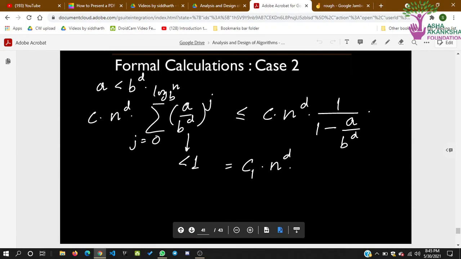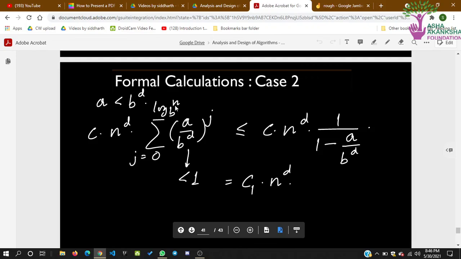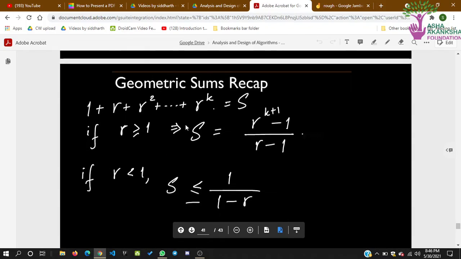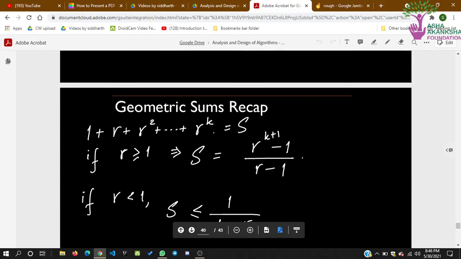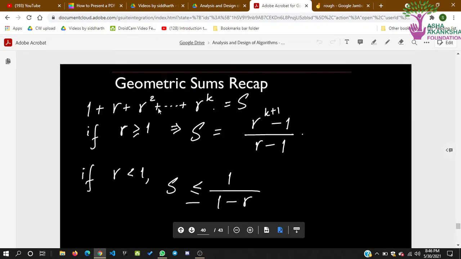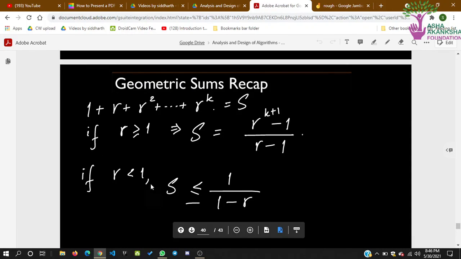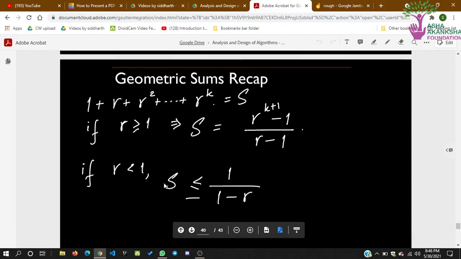So if a is less than b raised to power d, then this thing becomes less than 1, and hence if you originally see this summation series, it is a geometric series only, in which r is less than 1, so we can apply this formula.